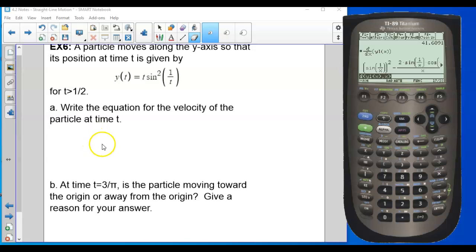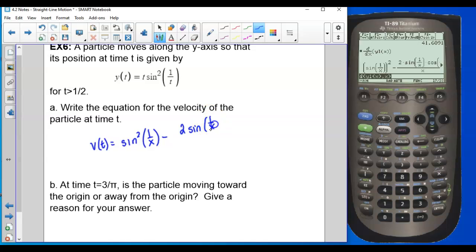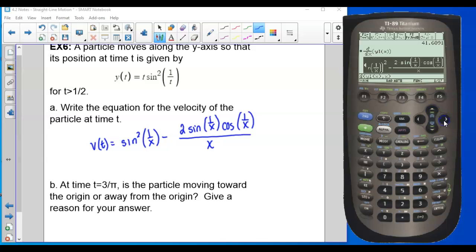So you can see that your v of t here is going to be sine squared of 1 over x minus 2 sine of 1 over x cosine of 1 over x, all over x. And I think that's all. Let me move up here to make sure I didn't miss anything. Yes. All right, so that is our velocity.